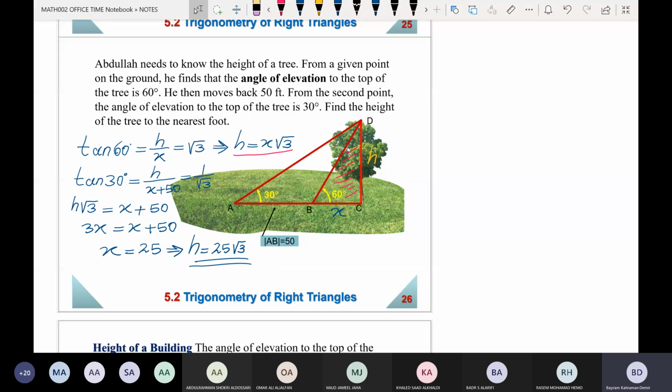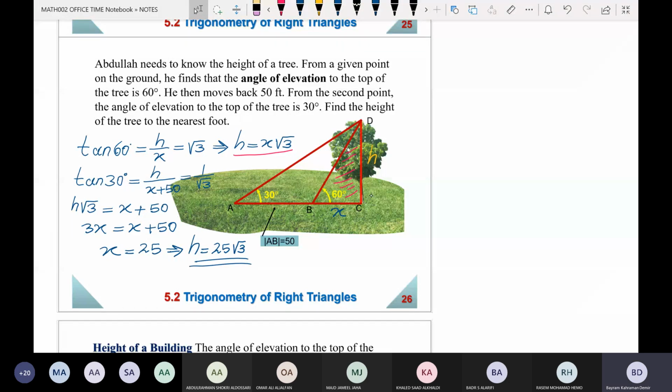Now let's go to the big triangle and look at the tangent of 30 degrees, Shabab. Tangent of 30 degrees is H divided by X plus 50, right? H is the height of the tree, of course.